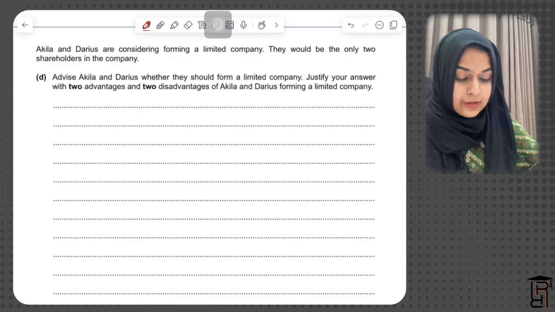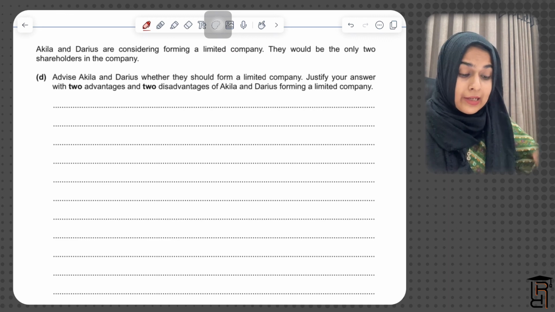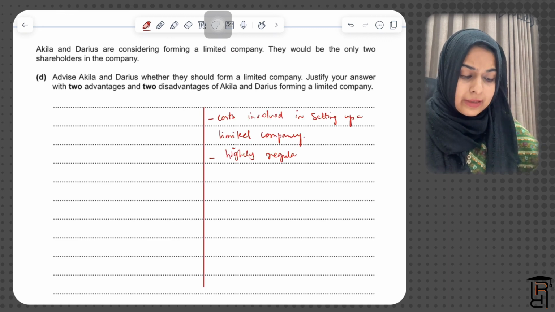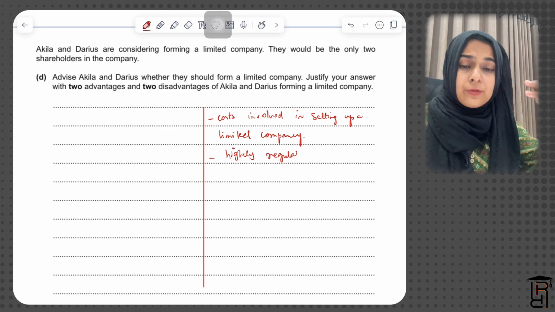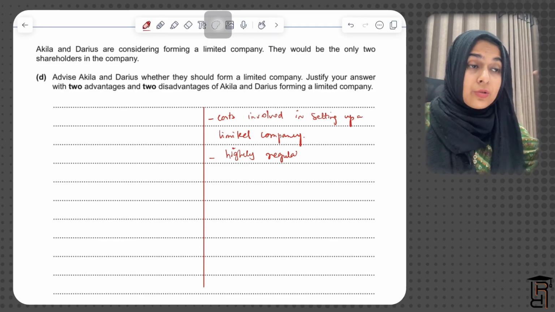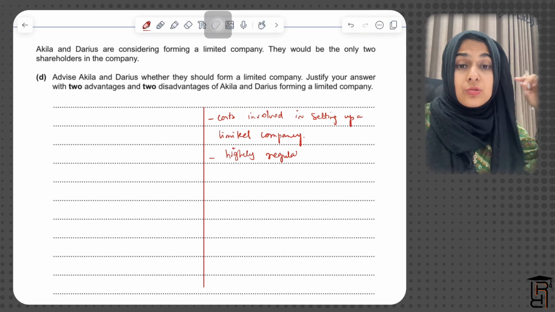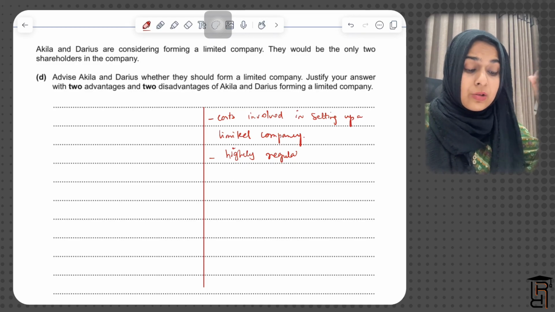The second thing here could be that they are highly regulated. They are limited companies and they are registered, so there are lots of rules that they need to follow. They need to get their annual reports checked by an auditor. An auditor is an external party, not someone within the business. It's someone outside the business who checks their annual reports.